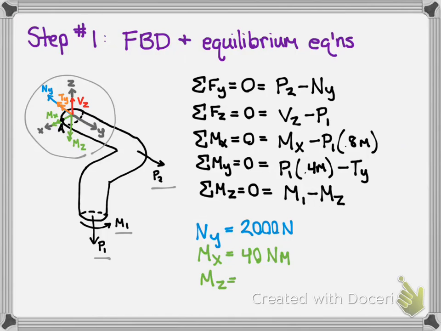Mz is equal to 100 newton meters. Our torque, Ty, is equal to 20 newton meters. And last but not least, our shear in the z direction is equal to 50 newtons.